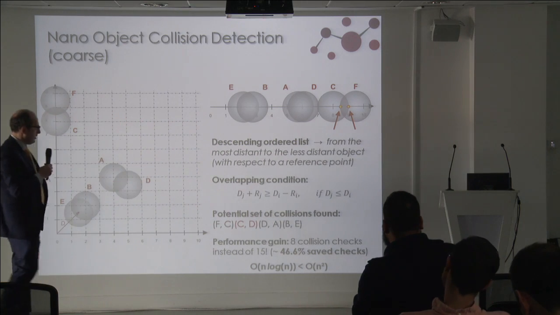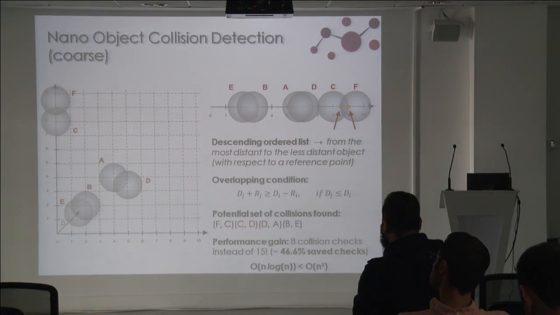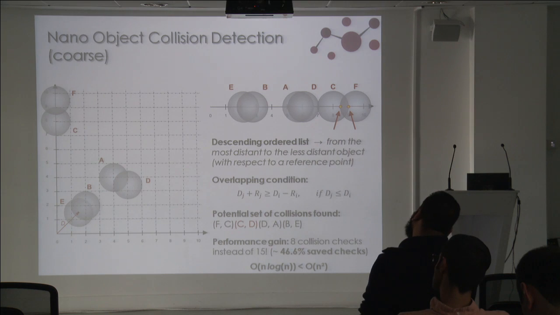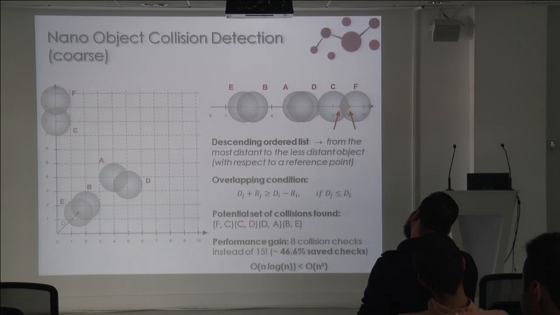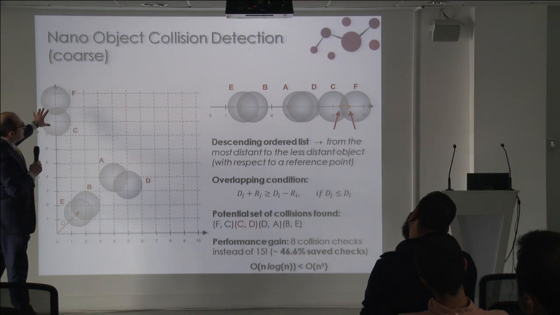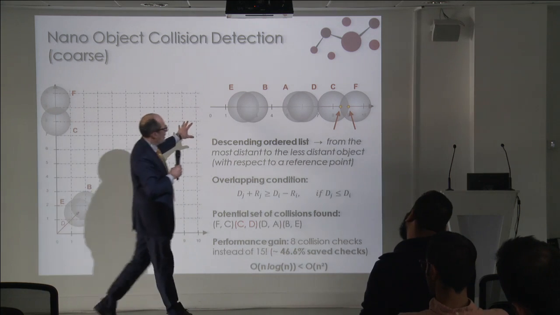We have a gain of about 46%. 8 is much lower than 15. So this is the first step for managing collisions in a more intelligent way.